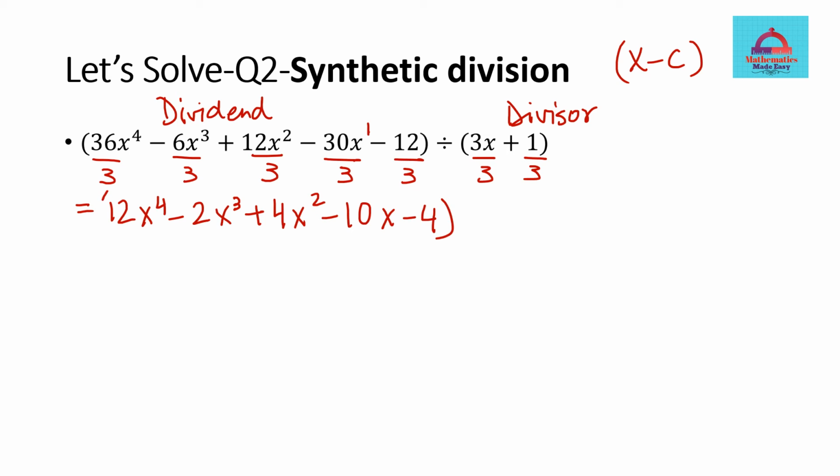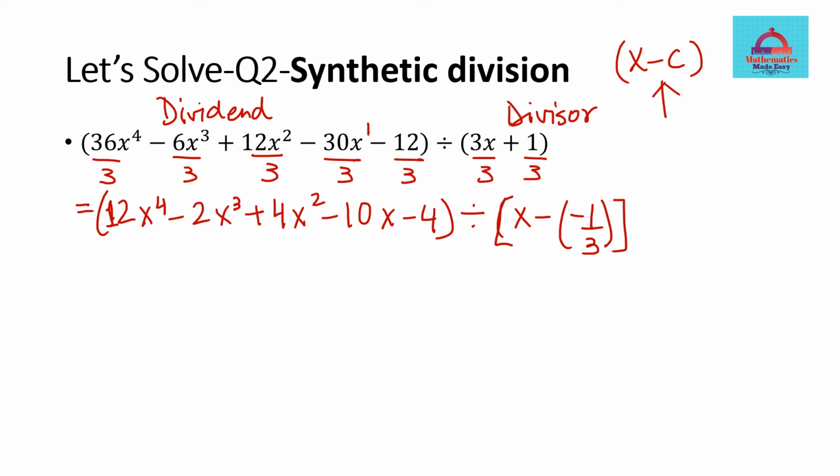This is your new dividend, and that is divided by x plus 1 by 3. I'm just writing it in this form now, x minus of minus 1 by 3. I hope you understand why, because we need the value of c and the divisor should be in this form.